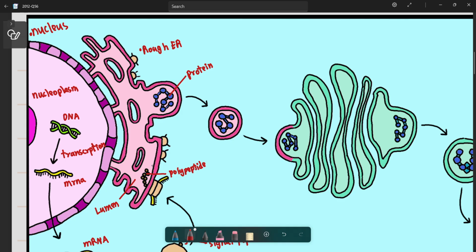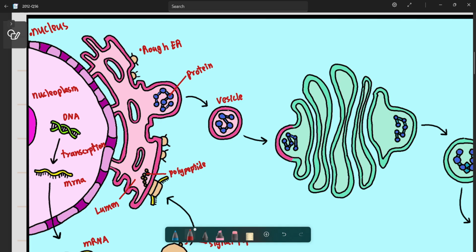it undergoes folding to form tertiary and secondary structure inside the lumen of the rough endoplasmic reticulum before it buds off from the rough endoplasmic reticulum. What you're seeing over here is the formation of what we call a vesicle. It consists of a single phospholipid bilayer, similar in structure to the cell membrane, which is made of phospholipid bilayer.